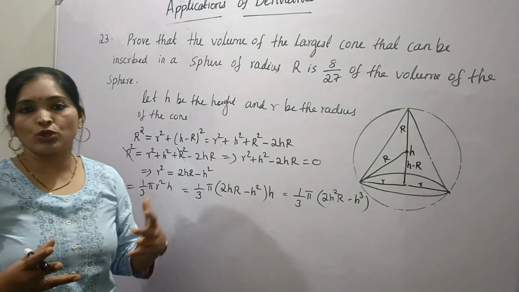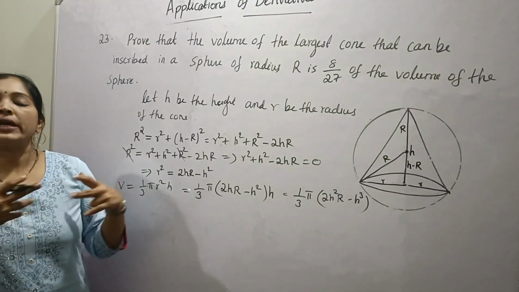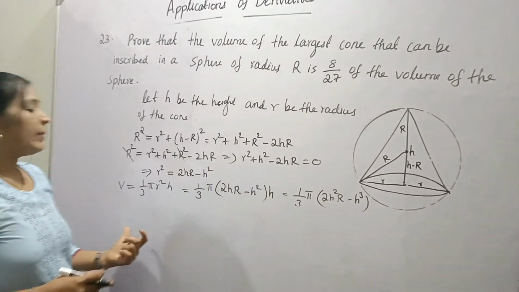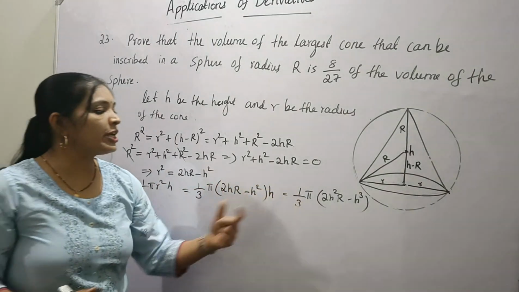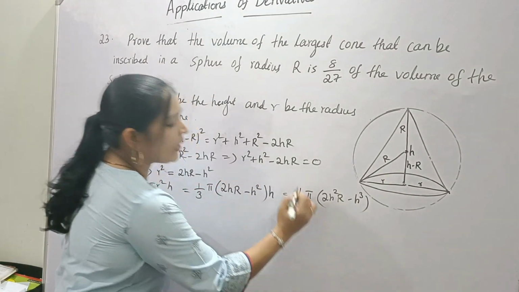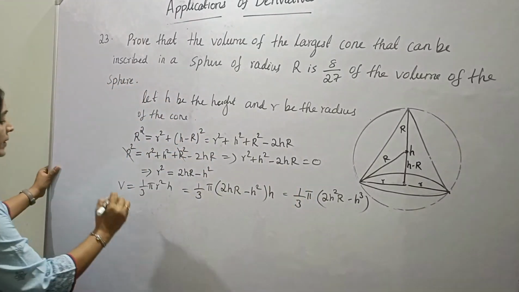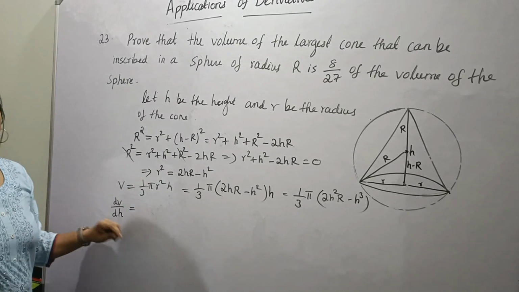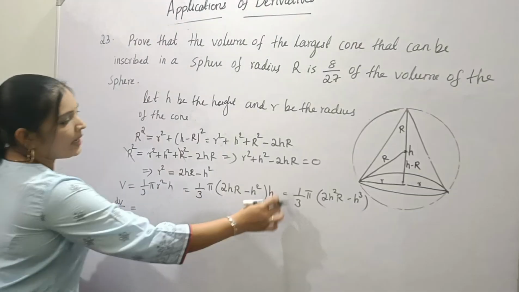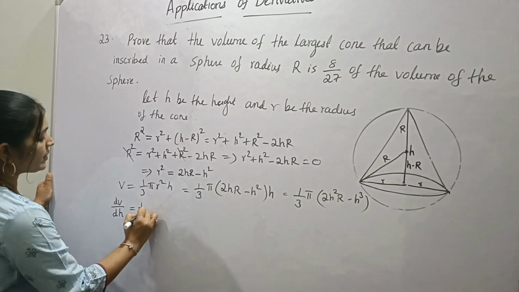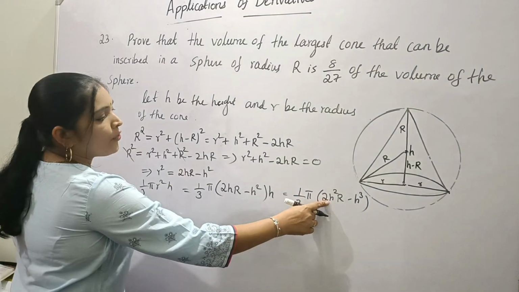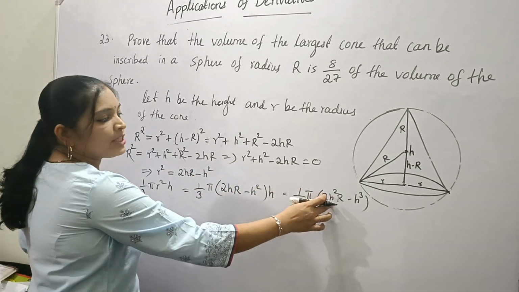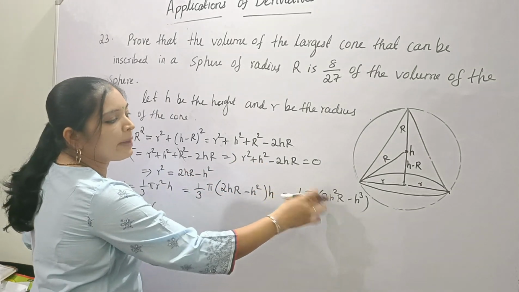Now, as usual, we will find the first derivative, then the second derivative. So here we will find dV by dh, differentiating with respect to h, the height. dV by dh is 1 by 3 pi, which is constant, into 2R constant times the derivative of h square with respect to h, which is 2h.